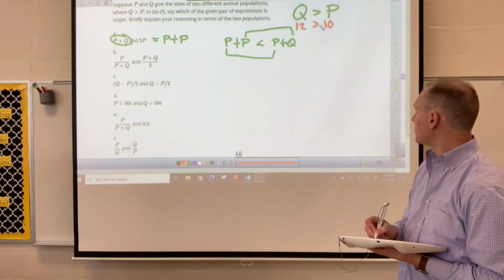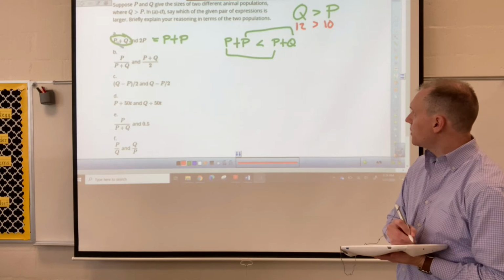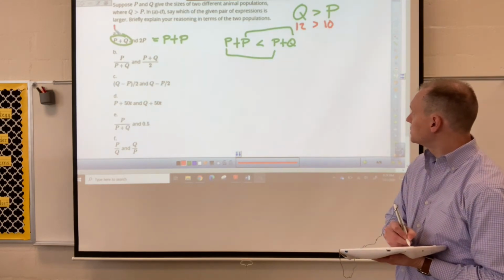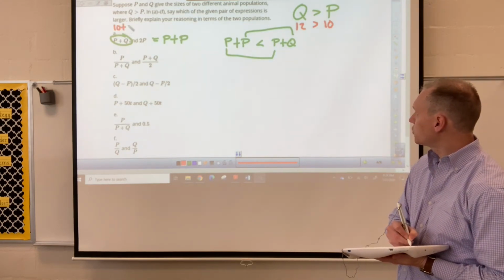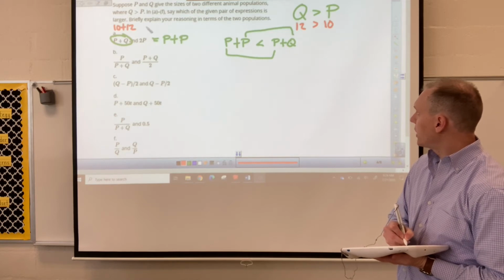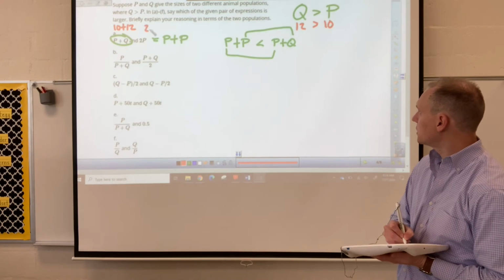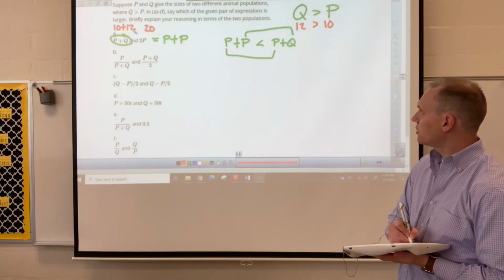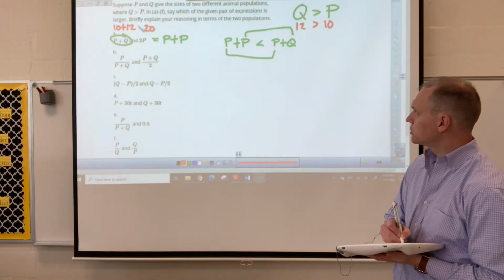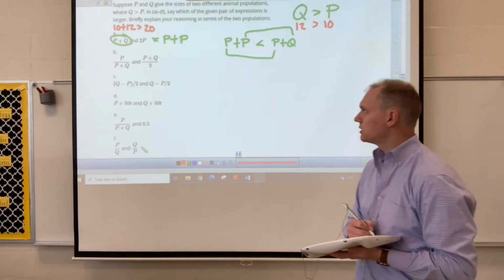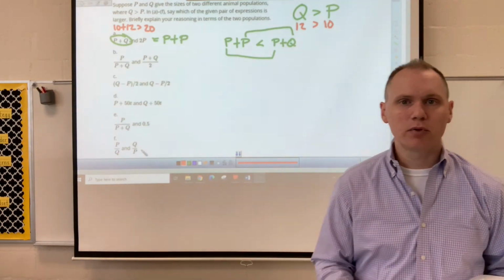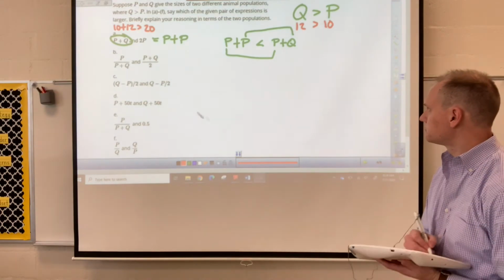Because 12 is indeed greater than 10. So p plus q would be 10 plus 12, and we're comparing it to 2p, which is 20. 2 times 10 is 20. Well, 10 plus 12 is 22, which is greater than 20. So again, that tells us that p plus q is greater than 2p.